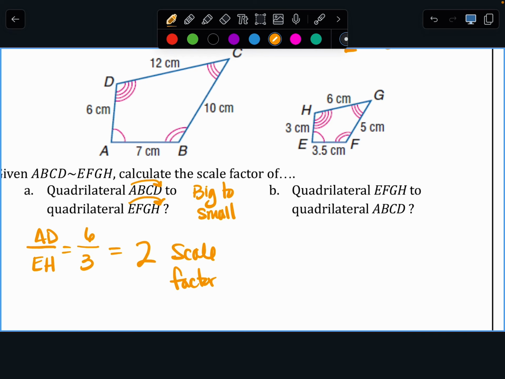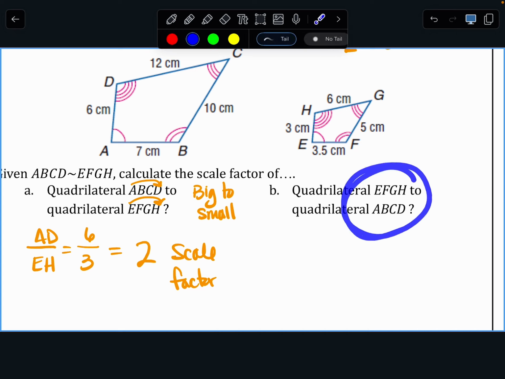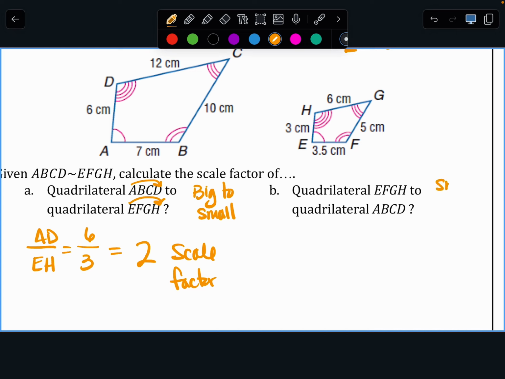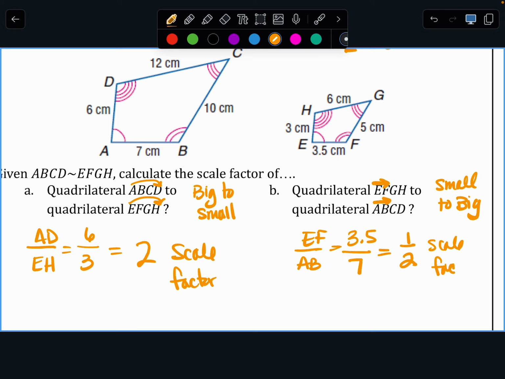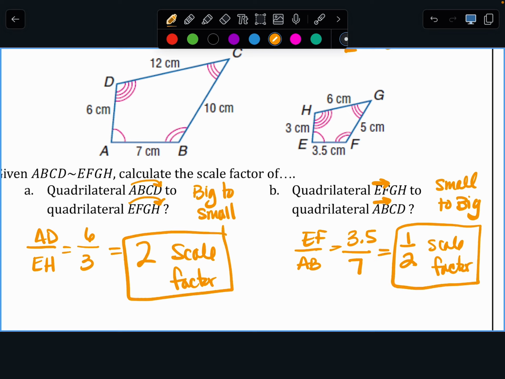But using those same 2 pictures, when I change the order, because now we're going small to big, now I'm going to pick EF and AB. EF compared to AB, EF is 3.5 and AB is 7. That's now 1 to 2.